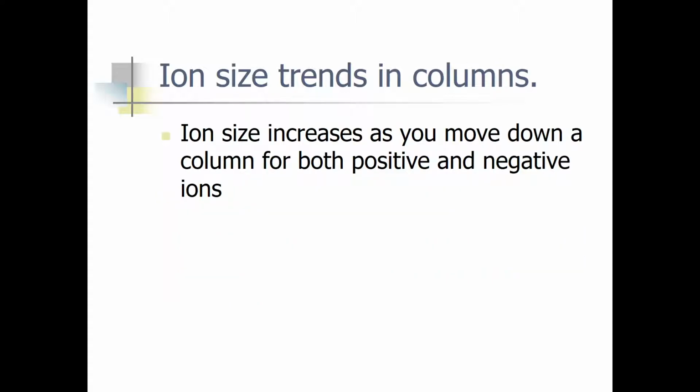So ion size increases as you move down a column for both the positive and negative ions. That's because as you go down, the radius is bigger.